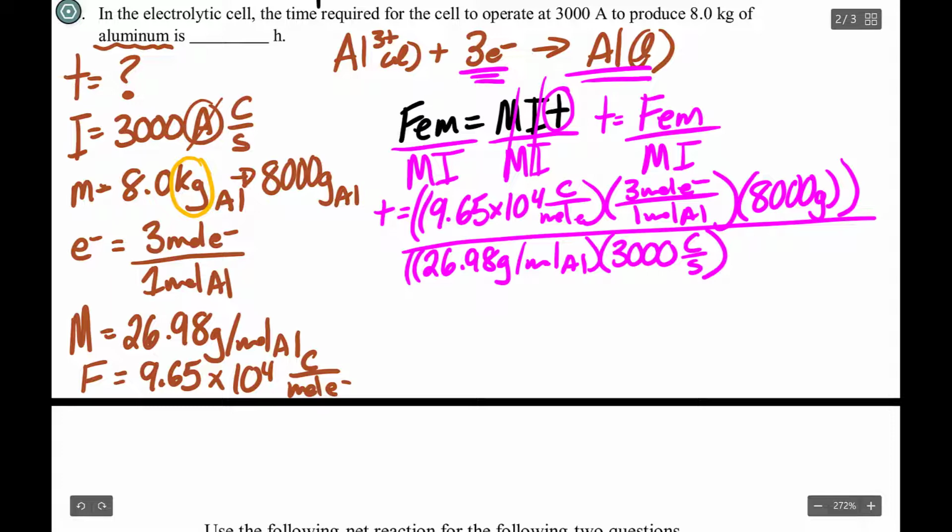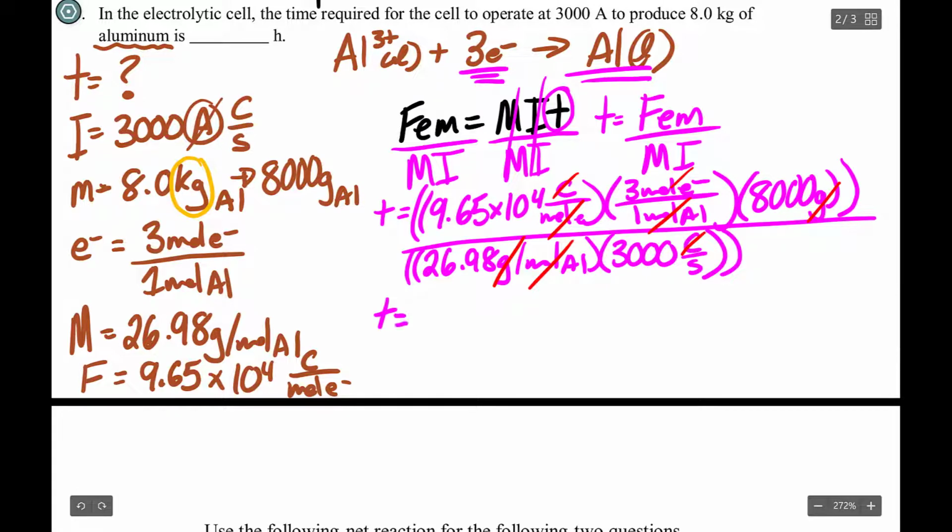Okay, if we look at the units, we'll see them all cancel out but seconds. Coulombs cancels with coulombs. Moles of electrons cancels with moles of electrons. Moles of aluminum cancel with moles of aluminum. Grams of aluminum cancel with grams of aluminum. And now I'm left with 1 over seconds, which inverts into seconds.